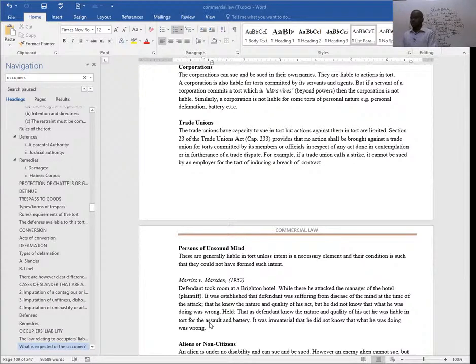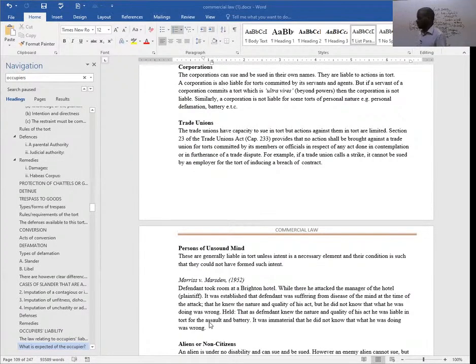There is a case law there, Morris versus Marsden of 1952. A defendant took a room at a Brighton hotel. While there, he attacked the manager of the hotel, who was the plaintiff. It was established that the defendant was suffering from a disease of the mind at the time of the attack; he knew the nature and the quality of his act, but he did not know that what he was doing was wrong.